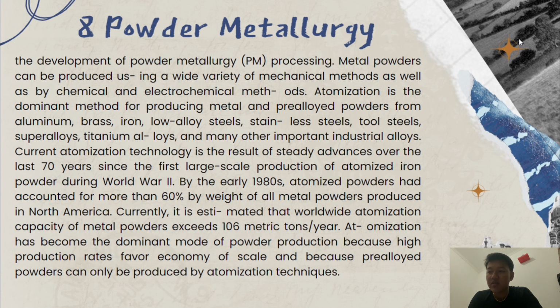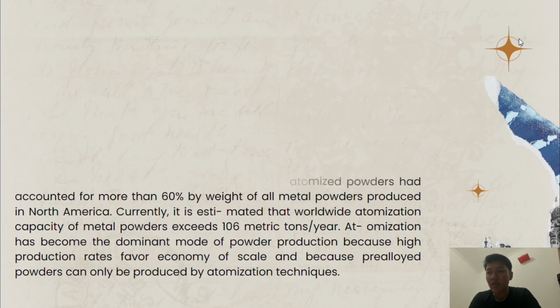Currently, the capacity of metal powder atomization is measured in metric tons per year. Atomization has become the dominant mode of powder production because of its economy of scale and because colored powder can only be produced by advanced techniques.